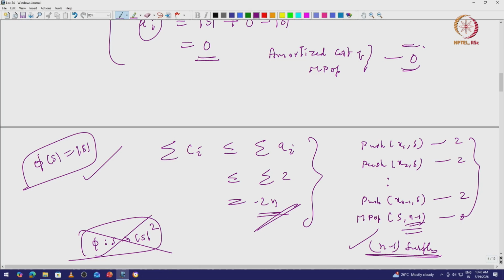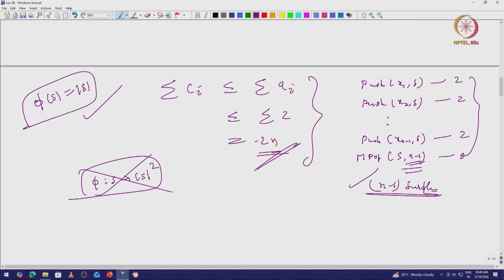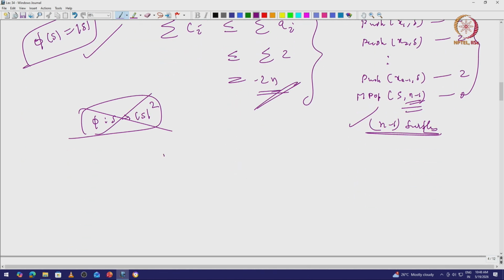So, you have to use your ingenuity to arrive at a potential function, and use the potential function argument. Intuitively, look at this expression: Ai equals Ci plus potential after minus potential before.